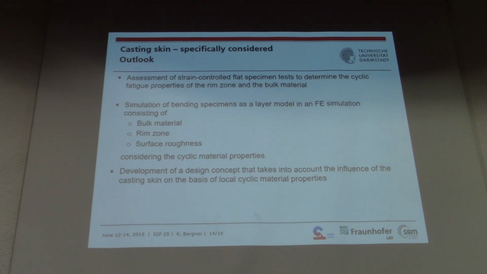And if we can model and reassess the lifetime of the bending specimens, then we are also able to make an assessment of the component, because there we have also stress gradients, but we might have a thinner or thicker layer of the castings. And this will be done then in the next steps.